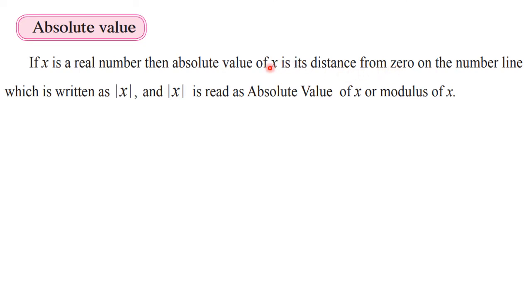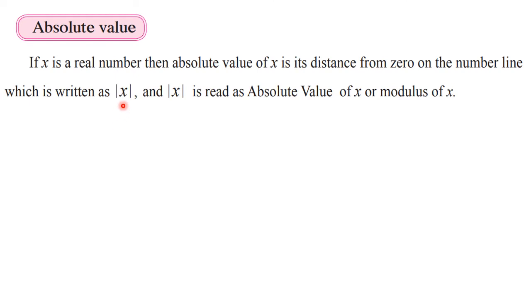This absolute value of x is written in symbols like this: two vertical lines, and in that x is written. Generally it is read as mod of x or modulus of x. Also it can be read as absolute value of x. So in short, you can use the word mod also.